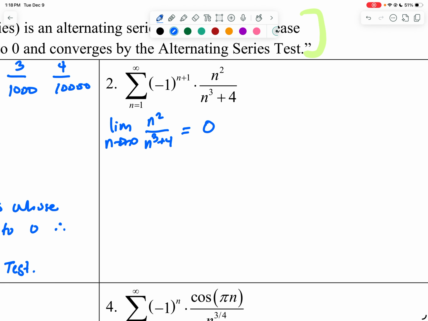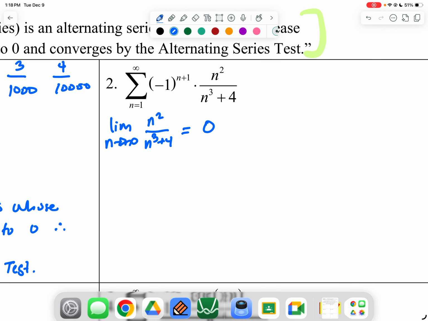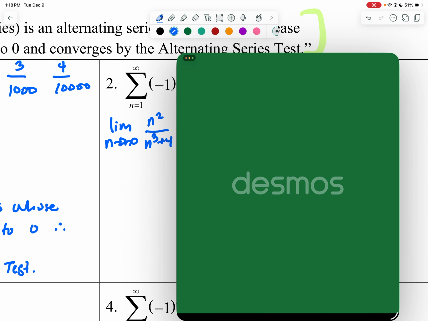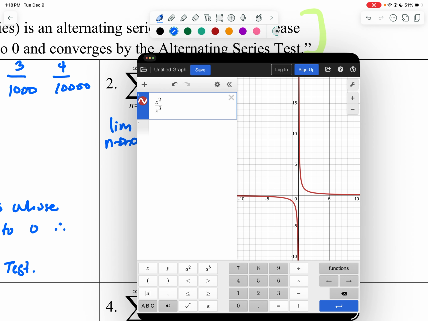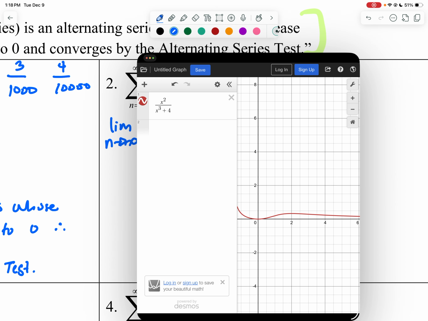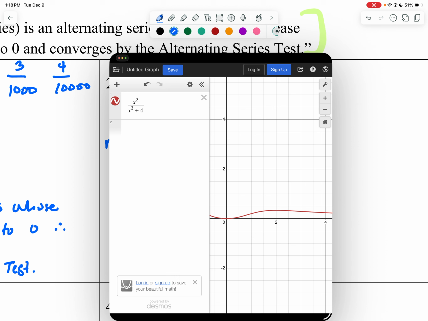Now, this is the part where I'm going to ask you to prove that our sequence actually decreases, because here's the thing about number 2, if I were to put this on Desmos, n squared over n to the 3rd power plus 4, you are going to realize that we kind of increase a little bit after 1. So notice how here's like 1, and then we're increasing. That's not good.